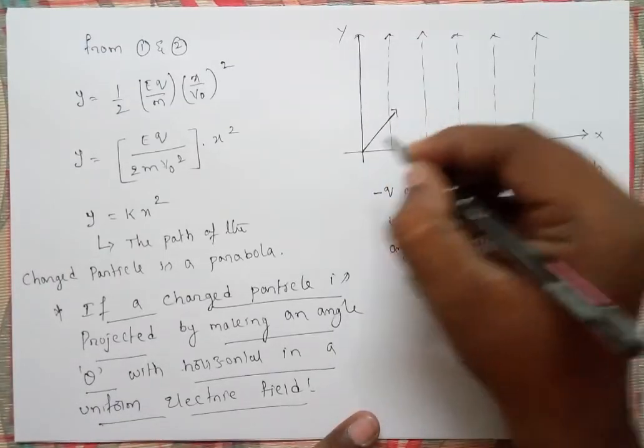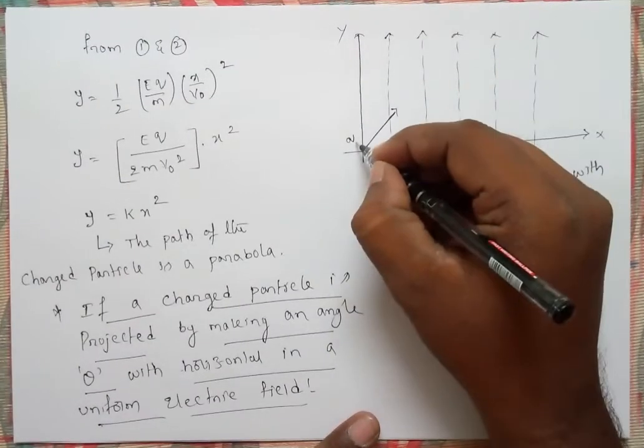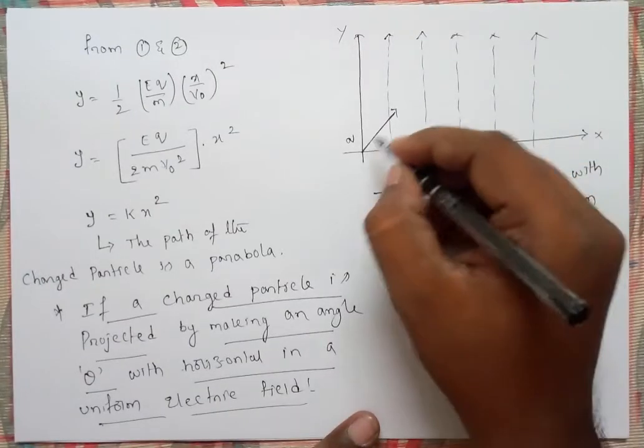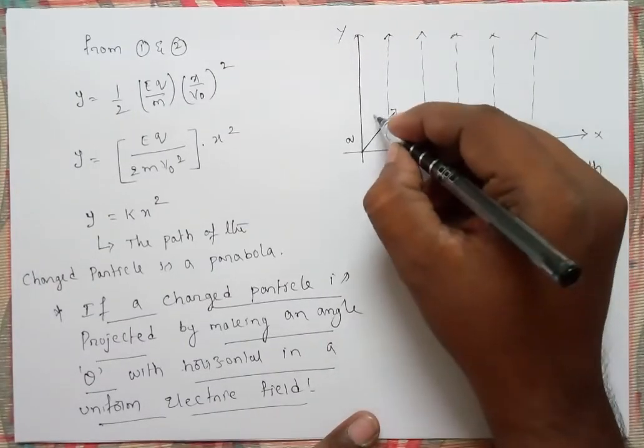You observe this charged particle q is projected like this with initial velocity u.